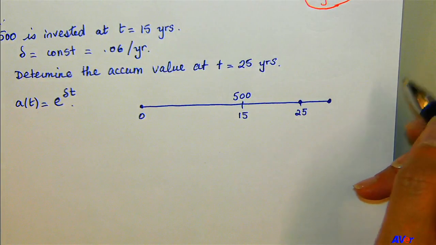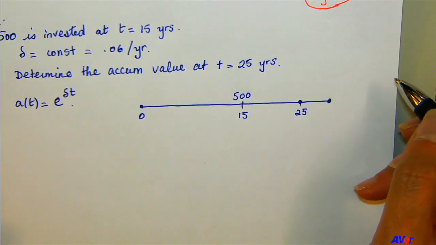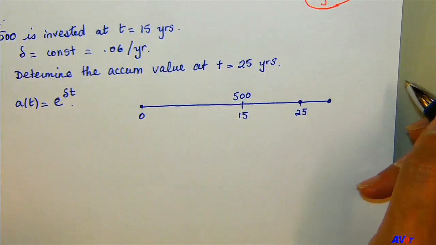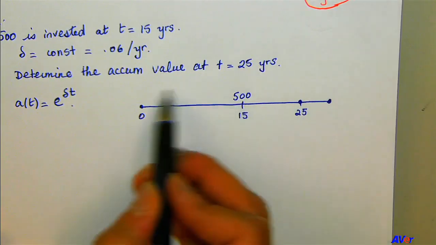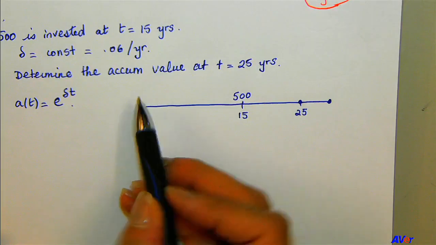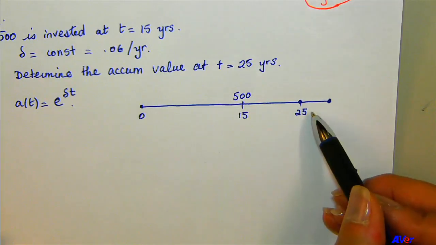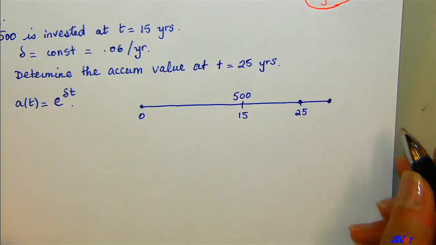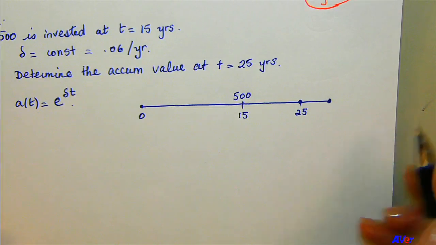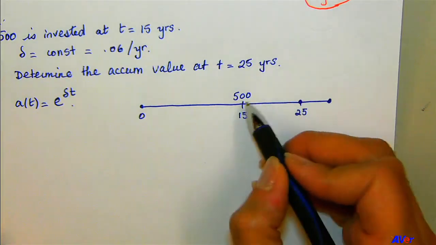Determine the accumulated value at t equals 25. What shall I do? Do I have to go back and discount it to time 0 and then move forward? We decided that for compound interest you never have to do that, right? So what shall I do in going from here to here?